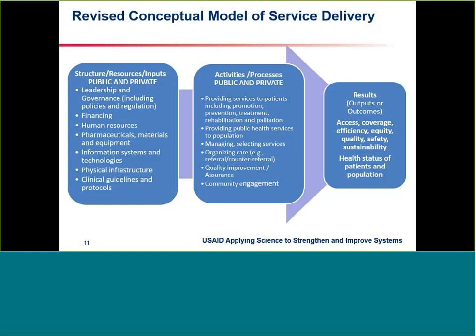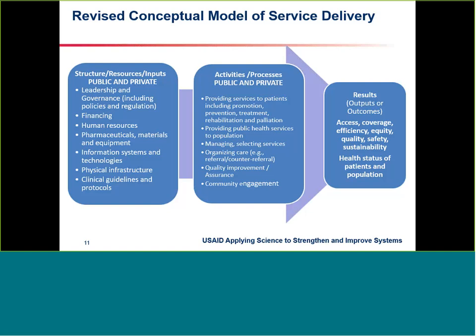So realizing that the health system is very complex with multiple interrelated and connected factors affecting service delivery processes and outcomes, at the initial stage, we developed a conceptual model of the service delivery. In this model that you see here, all supporting health system functions such as financing, human resources, pharmaceuticals, physical infrastructure, along with clinical guidelines are key inputs.